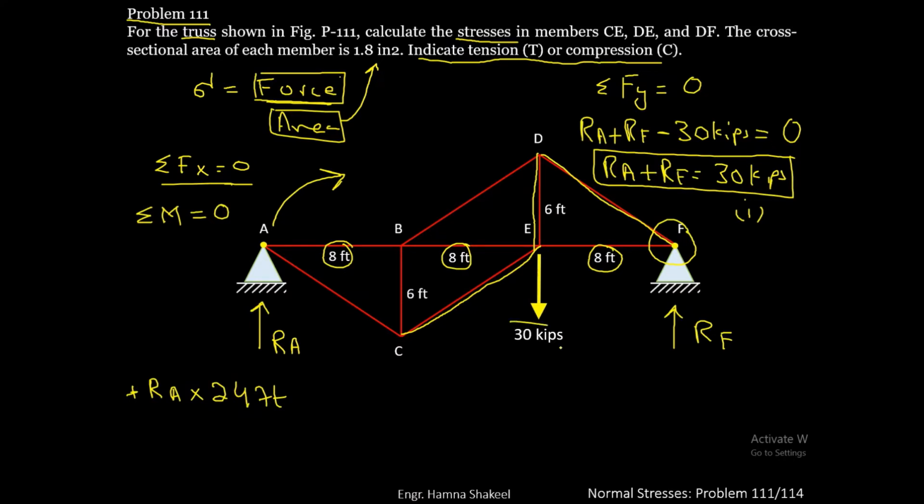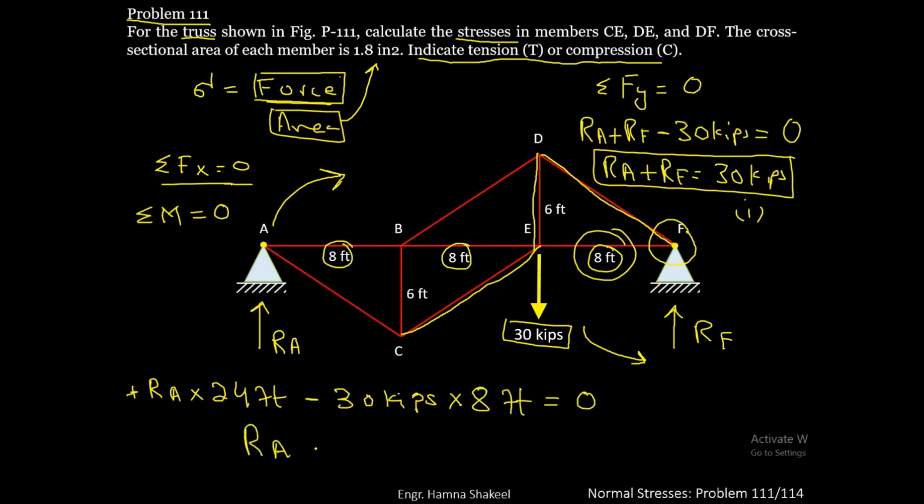Then you have this 30 kip force acting, and this will cause anti-clockwise moment, so this will be minus 30 kips multiplied by the distance, that is 8, equal to 0. When you solve this, you get Ra equals to 10 kips.